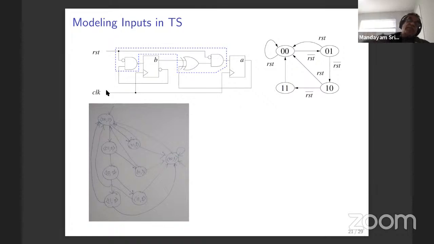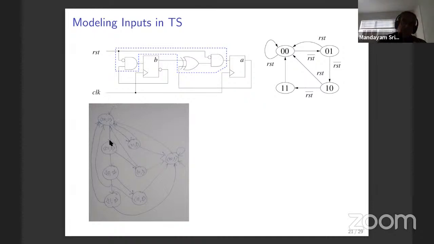This is a synchronous system. So when I say the clock is thrown away, it's abstracted away. In a synchronous system, there is supposed to be a global time that keeps ticking at a certain rate, and the state as well as the input, which is part of the environment, is supposed to change as per the global clock.